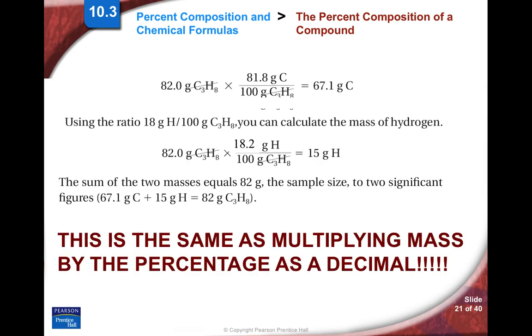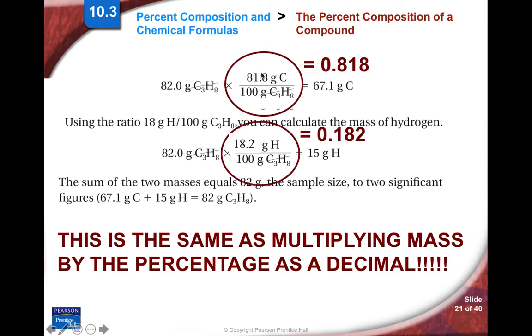This, again, is really kind of an awkward way to do the percents. Honestly, I prefer to change the percents to their decimal version. That's what 81.8 divided by 100 would look like. 18.2 divided by 100, of course, and then you multiply by that. Some people get themselves all twisted up in a bunch because they forget to move the decimal the right number of places, so maybe setting the fraction up is better.